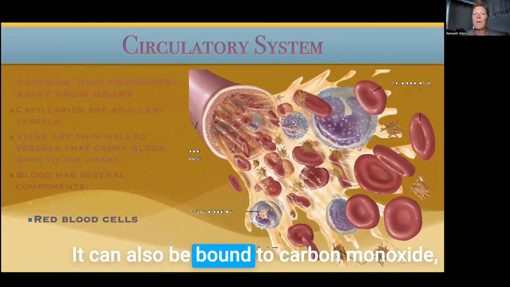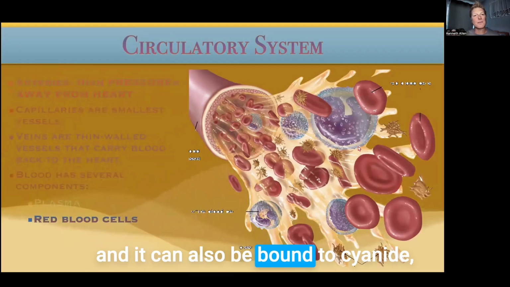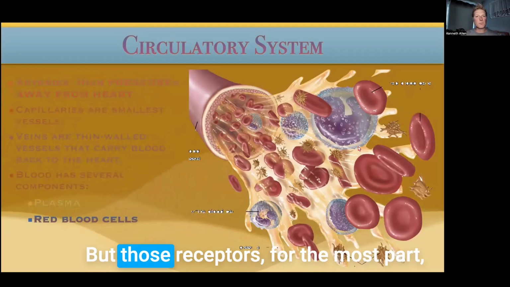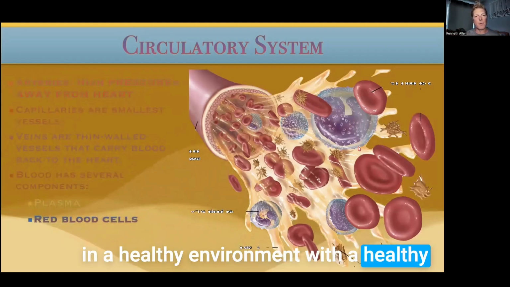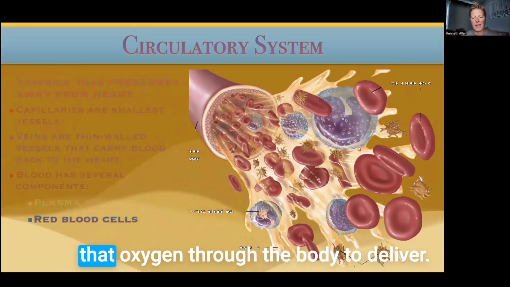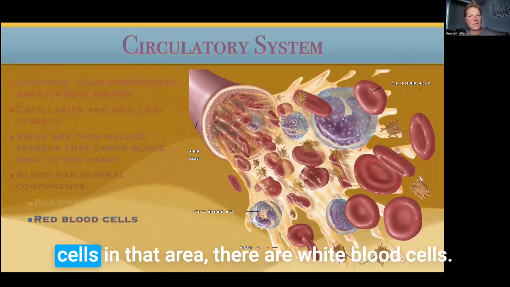It can also be bound to carbon monoxide, and it can also be bound to cyanide. So we don't want that to happen. But those receptors, for the most part, in a healthy environment with a healthy person, are binding to oxygen and carrying that oxygen through the body to deliver, once they get to the capillary beds, to the cells in that area.